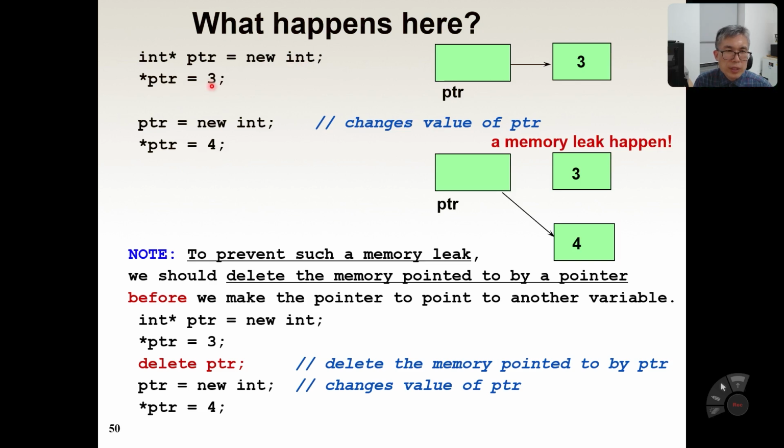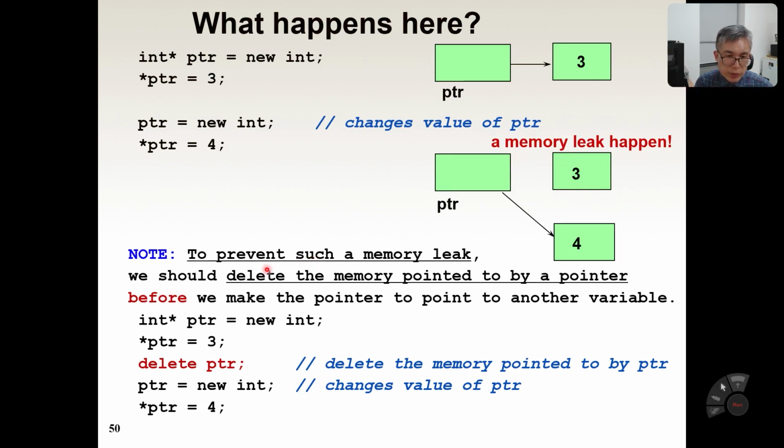Then we set the unnamed integer variable's value to 3, using the dereference of ptr. And then we make a new int, with a new value. The previous one is here, and this is the new one. This is actually where a memory leak happens, because the previous memory cannot be deleted.